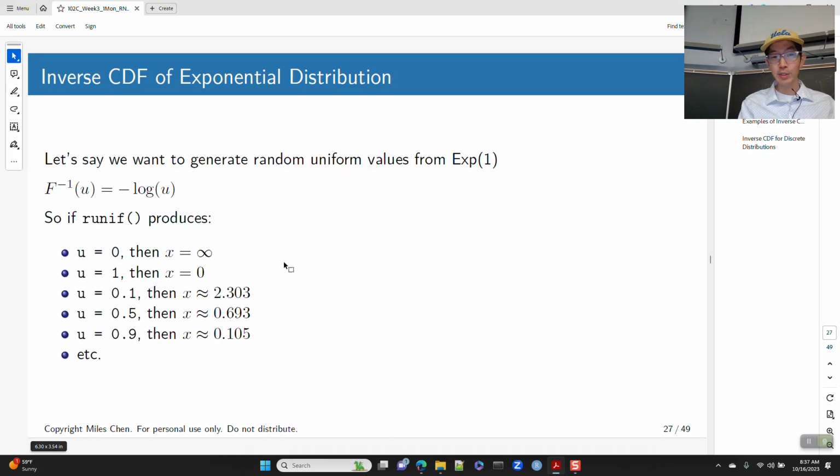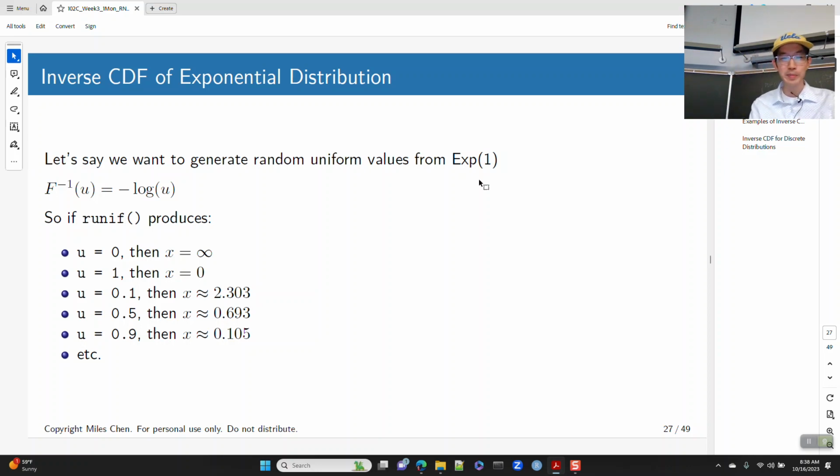So let's say we just want to generate values from the exponential distribution. Here, 1 minus u would actually reverse things, because I've flipped it, we'd get just the opposite.